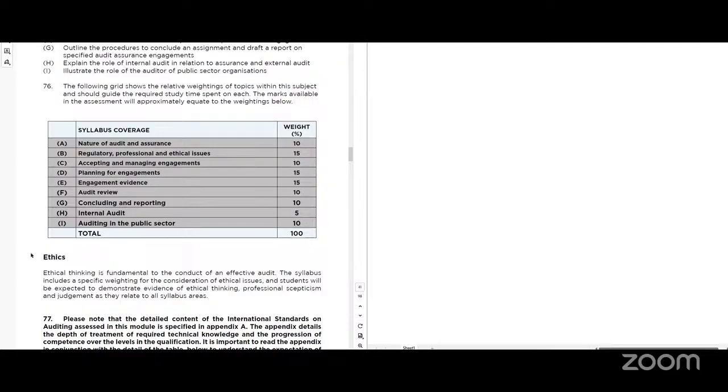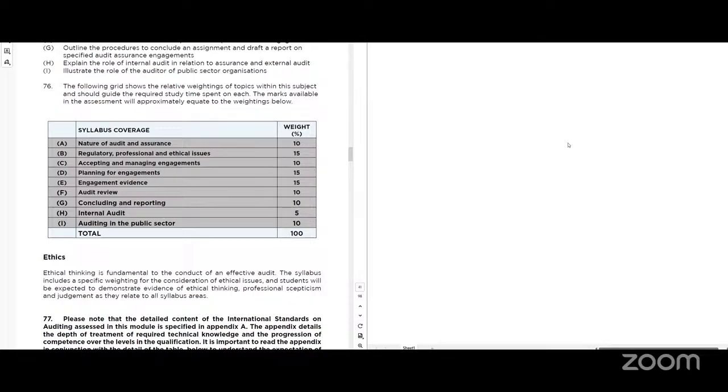This kind of courses usually have a lot of... Now, most people got exemption from this audit and assurance paper, right?